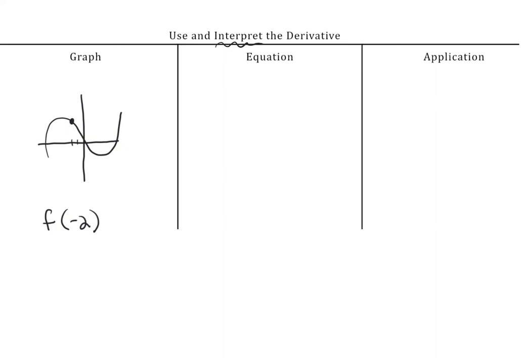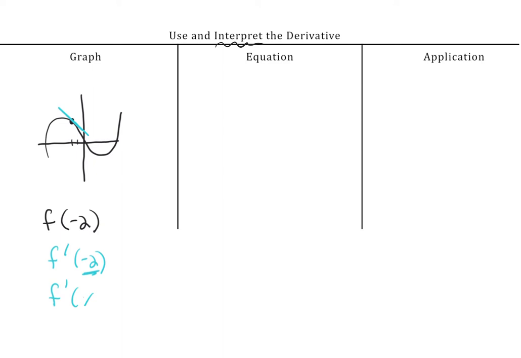Okay, so what does the derivative at negative 2 mean? The derivative is the slope of a tangent line at that point.